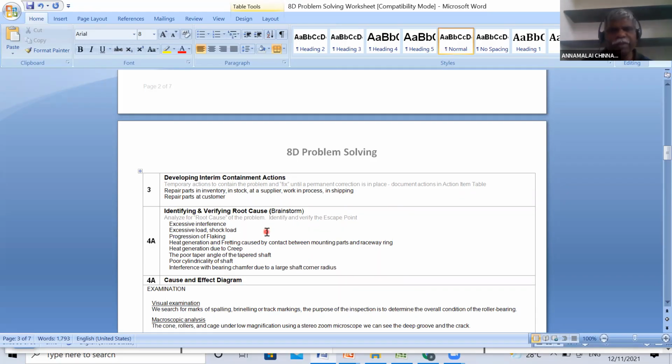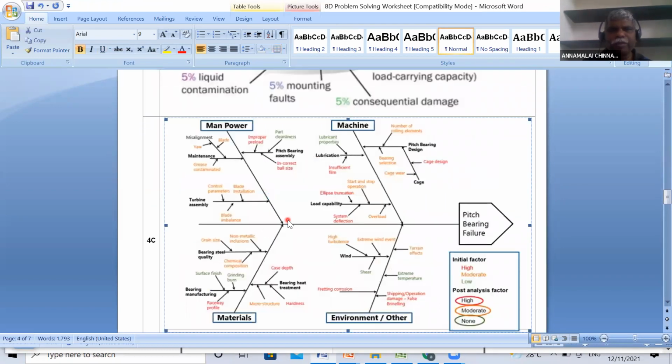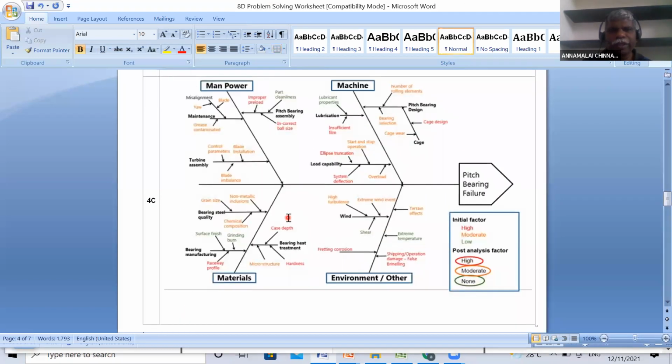Then identifying and verifying the root causes. So cause and effect diagram. So you can do all those things. And then we find the solutions.